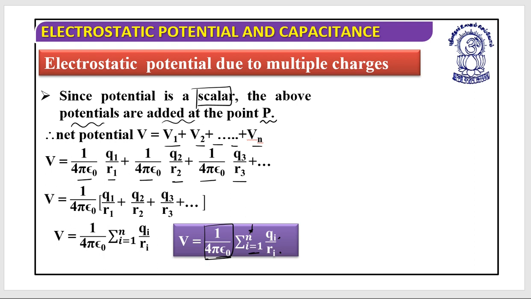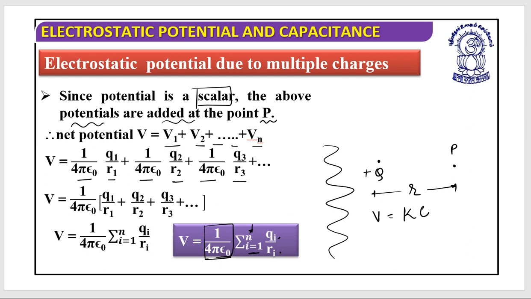Up till now, one thing should be very clear to your mind: let's say this is charge Q and this is the point P where potential is required, and the separation is R. So V is equal to KQ divided by R. And if more than one or more than two charges are there, you need to simply add it.